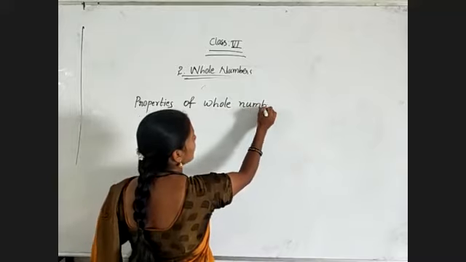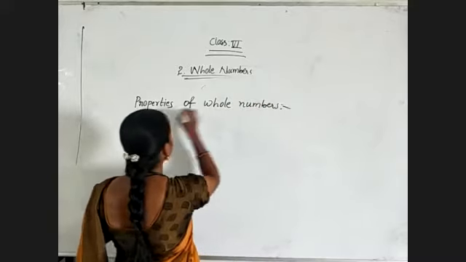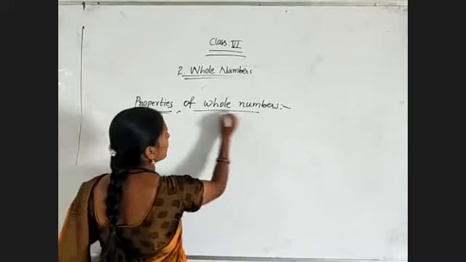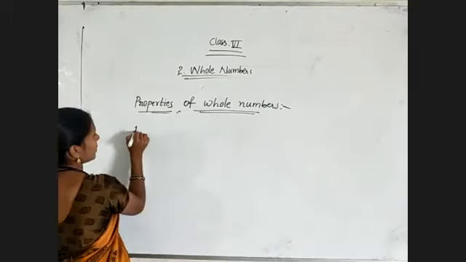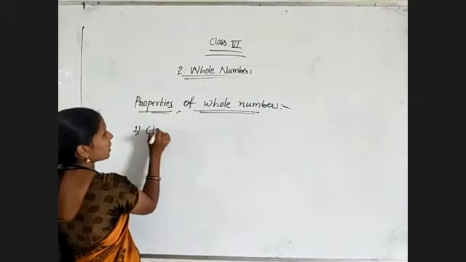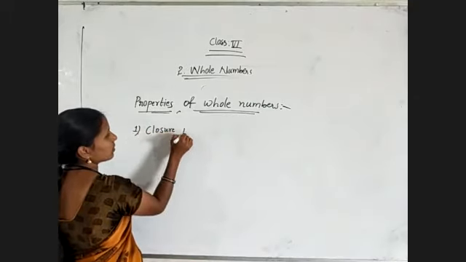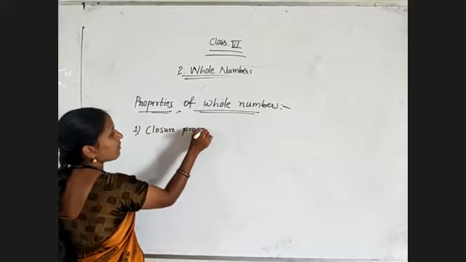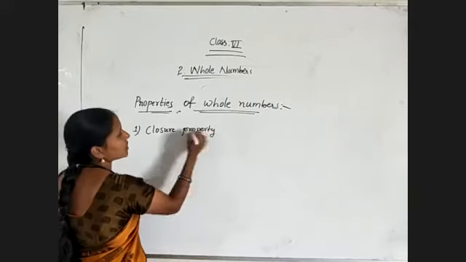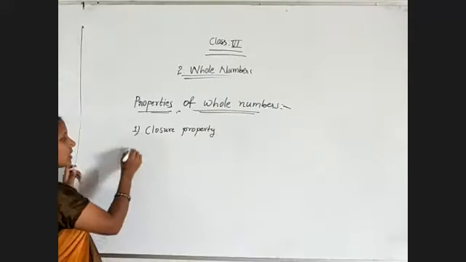First of all, I am listing the names. What are the different properties? We have closure property, commutative property, associative property, identity properties, inverse property, and distributive property. Why we are using these properties, that one also I will explain.